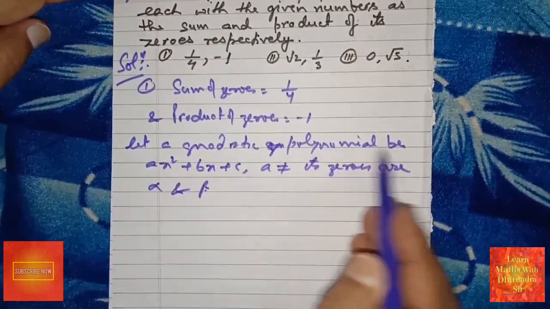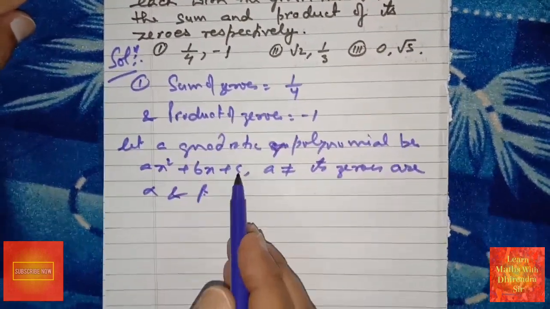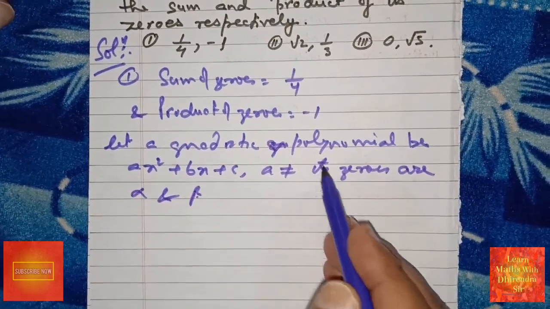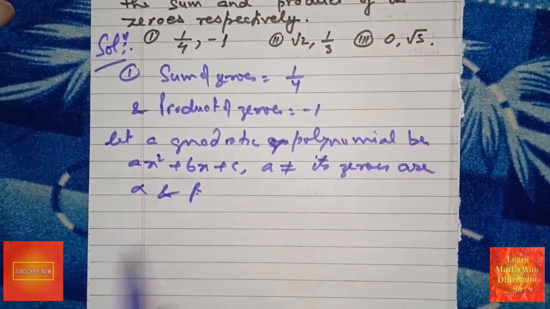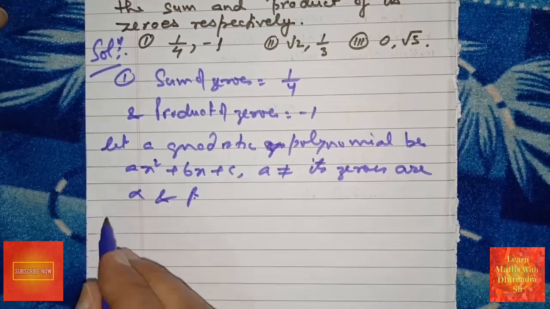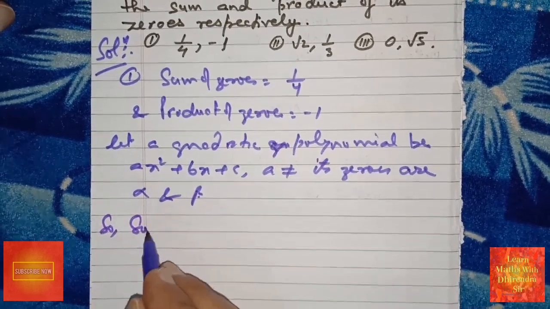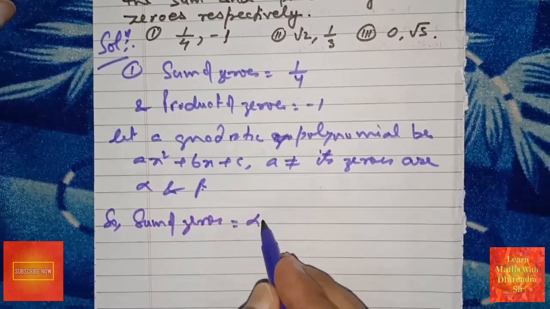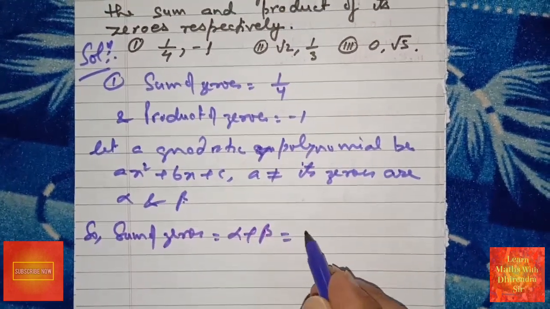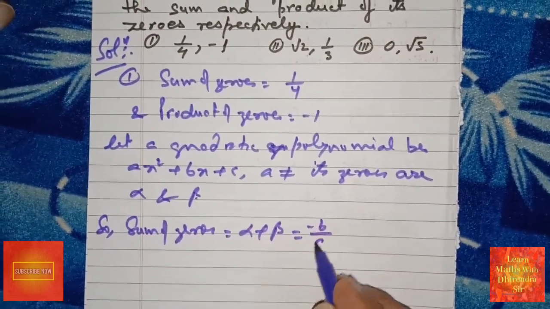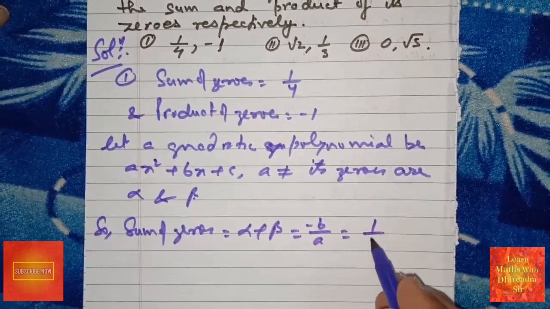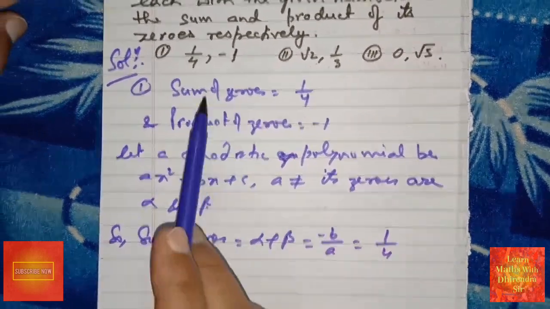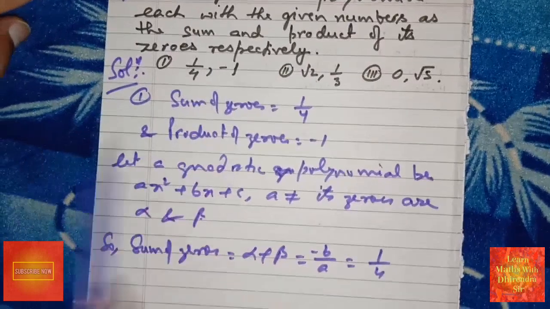Firstly we suppose a quadratic polynomial be ax² plus bx plus c, a not equal to 0, its zeros are alpha and beta. So sum of zeros that is alpha plus beta equal to minus b upon a equal to 1/4, because 1/4 is the given part of the question.